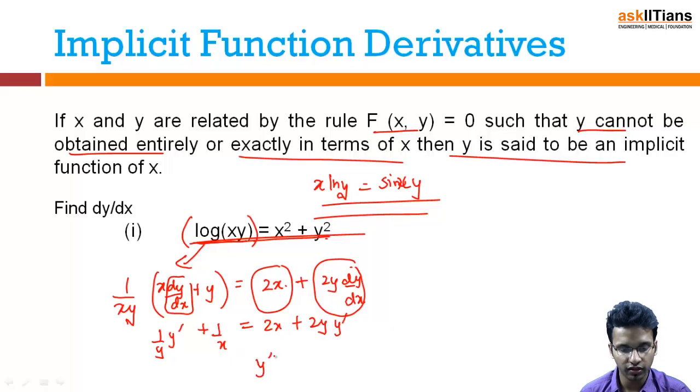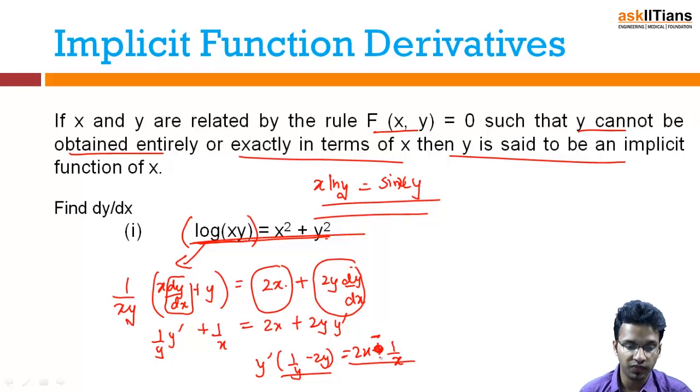So y dash into (1 by y minus 2y) is equal to 2x minus 1 by x, sorry, this will be minus, so this will come in the denominator itself. Again, no difference except that the function itself was in terms of x and y. The derivative is coming in terms of x and y, and the function itself is in terms of x and y.